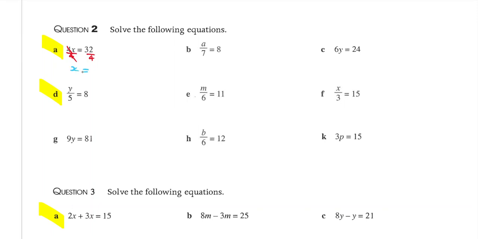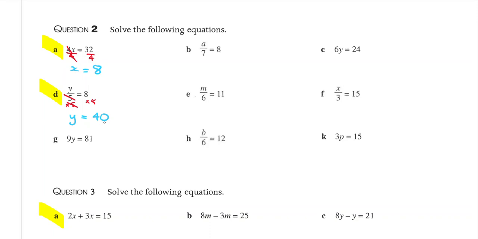And 32, we divide these numbers. 32 divided by 4 is 8. Whereas when we see this one, y over 5 or divided by 5, the opposite of divide is to times. I'm going to times by 5 underneath here. Y equals 8 times 5, which is 40.